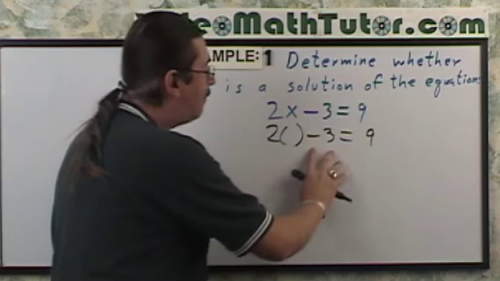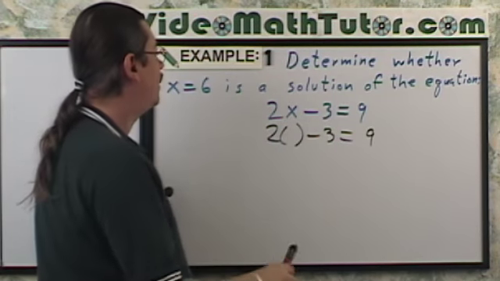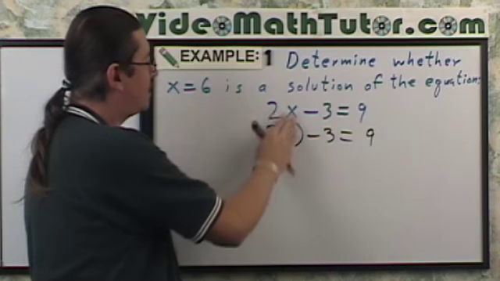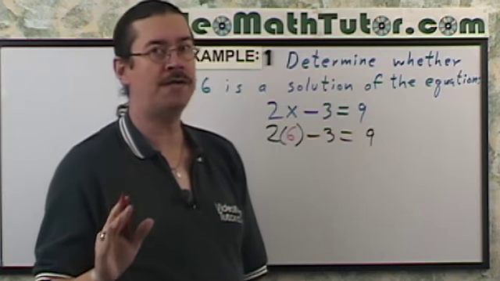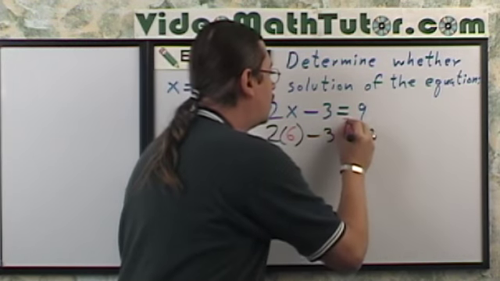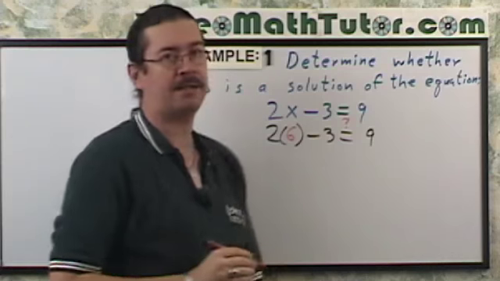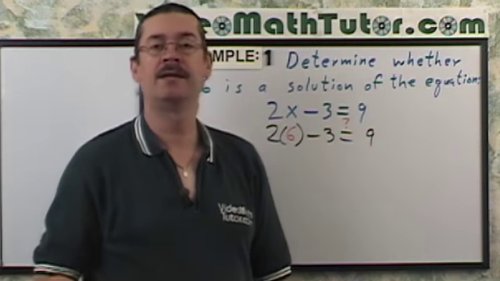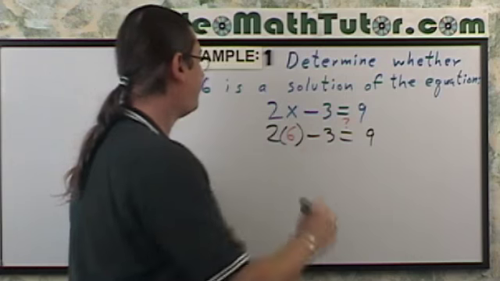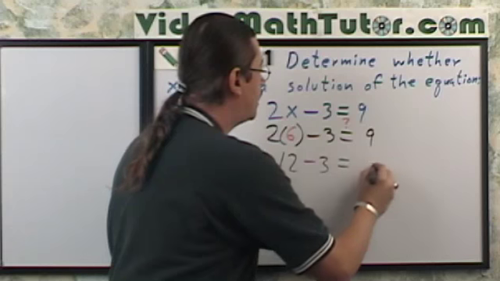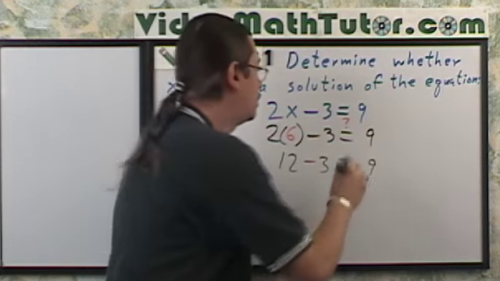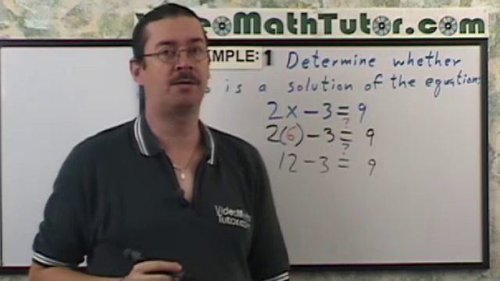This is sort of like a template. And we want x to be 6, so I'm going to replace the x with 6. Now, I don't officially know this is true yet, so I'm going to put a little question mark above the equal sign. Because I don't know if it's true. Now let's simplify. 2 times 6 is 12 minus 3 equals 9. Maybe. Well, I'm not quite sure yet. That's why there's a little question mark above there.